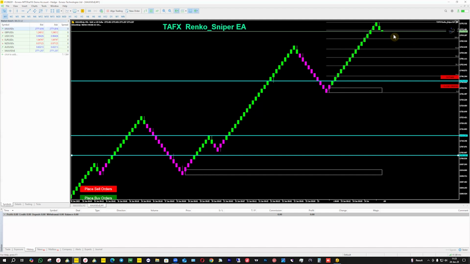Hope you're seeing everything here, and you can confirm it also combined with Fibonacci retracement. And this Fibonacci is working greatly when it comes to the combination of candles and Renko. Hope that is clear, guys, on how this Renko sniper is different.